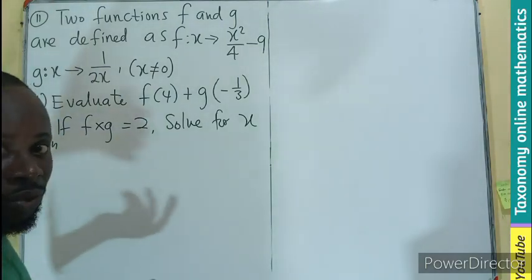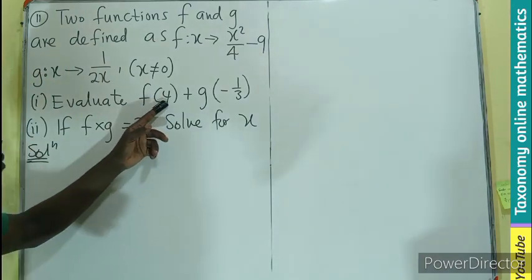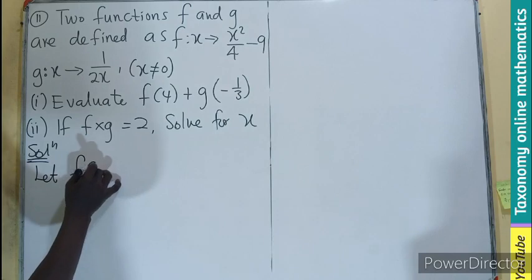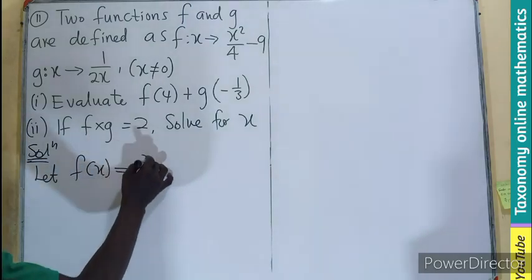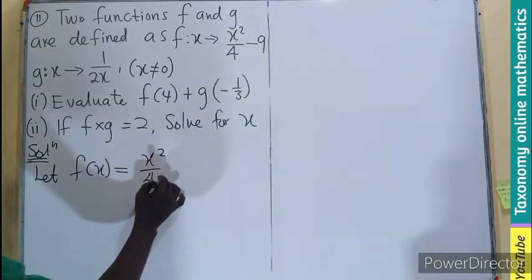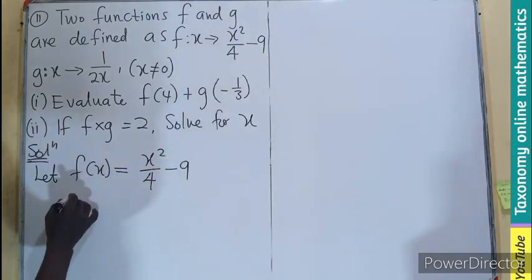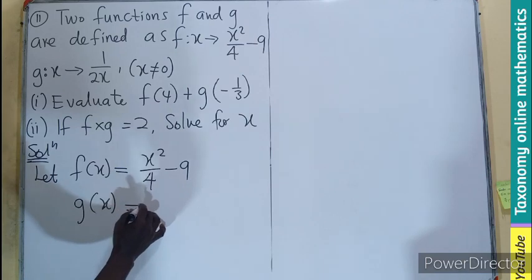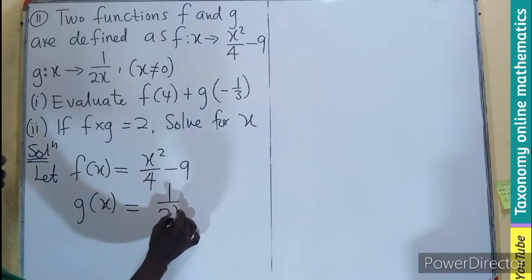Don't forget, in the tutorial, this is the image of 4 under this function. So we have f of x equals x squared over 4 minus 9. Then we have g of x equals 1 over 2x.